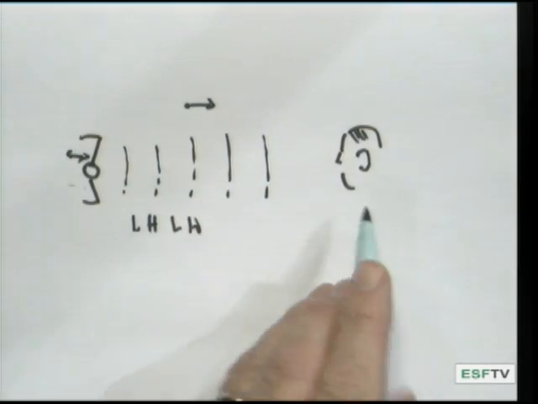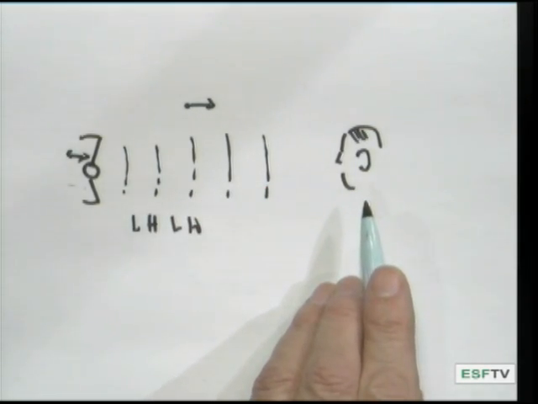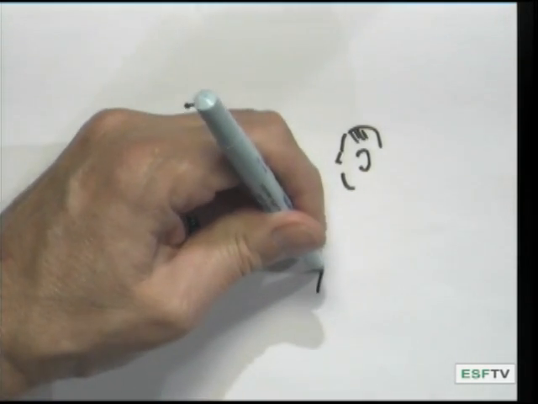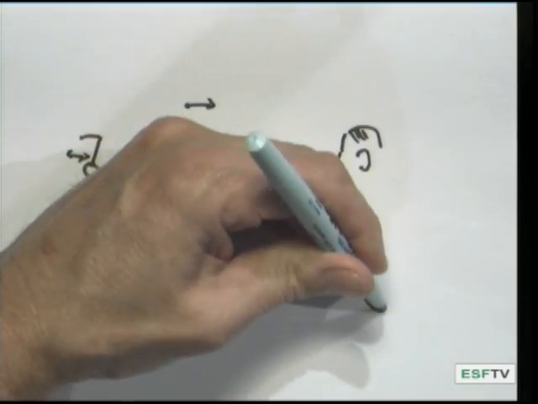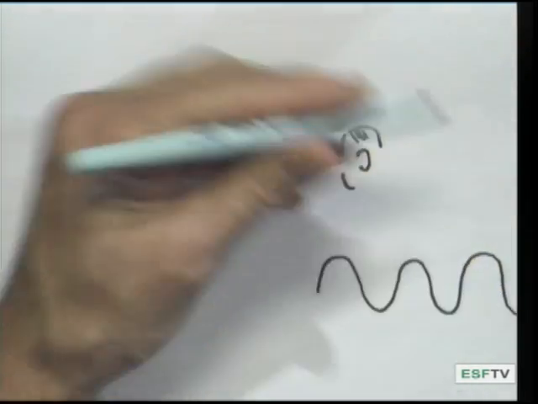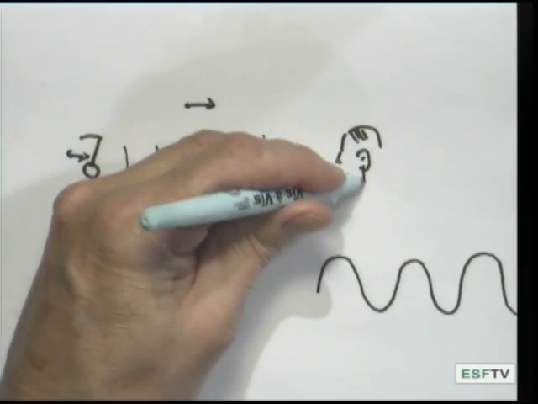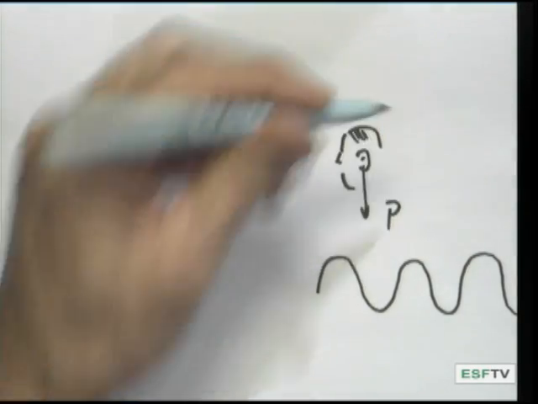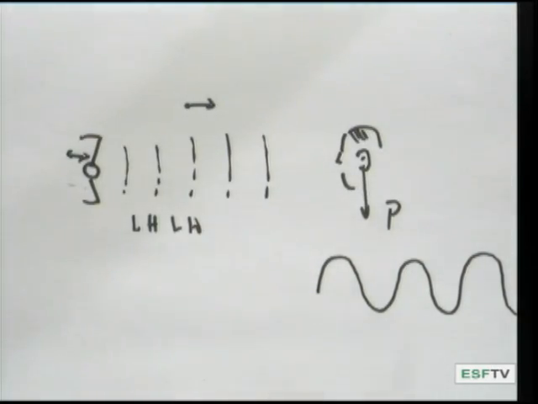And if we have a little pressure device right here that can measure that pressure, what we will see is a waveform that looks something like this. It's a nice sine wave sort of form. So this is going to be the pressure that is measured at the point of the ear.